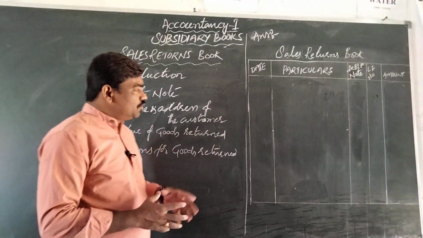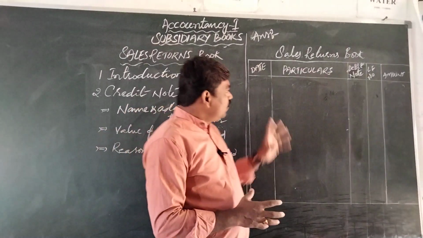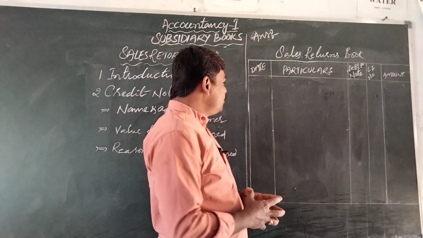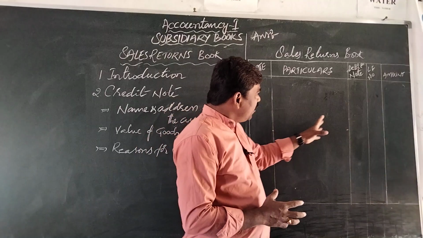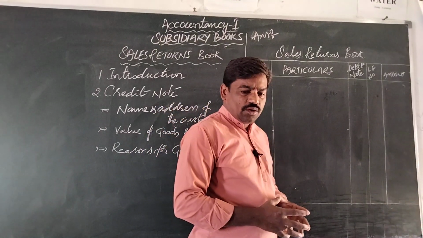Next, let us see the proforma of a sales returns book. I have already prepared the proforma here, and in this proforma there are a total of 5 columns.